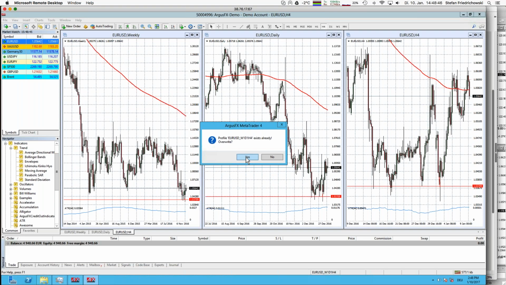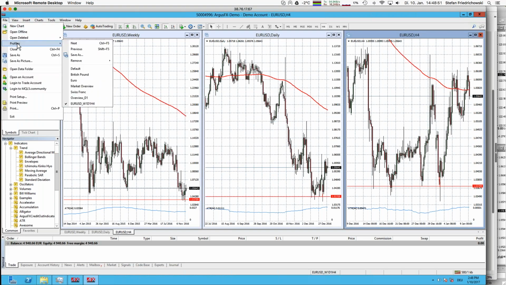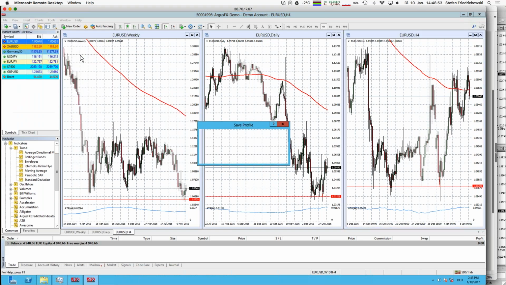Okay. And now I want to create an additional one. First, I save it with a new name. And that one I want to name quite similar. And what I want to do is I want to name it Euro Japanese Yen.